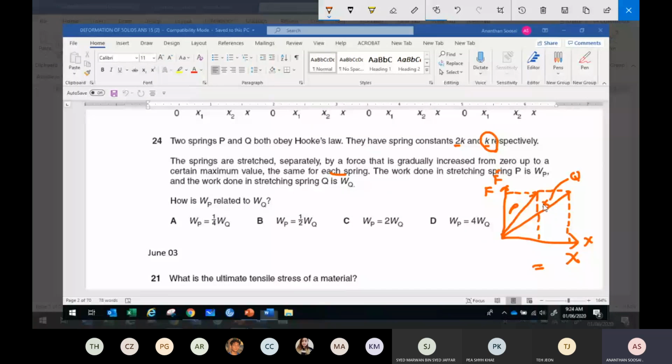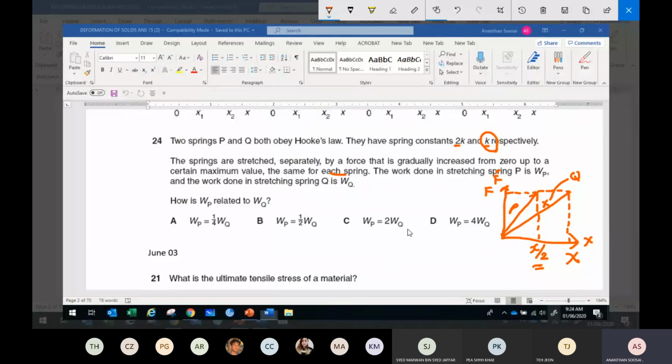For 2K, F over how many X? It should be X over 2, right? So P has a spring constant of 2K and Q has K. Because the spring constant of Q is K without any extra numbers, we say the extension of Q is X, and P we alter to X over 2.